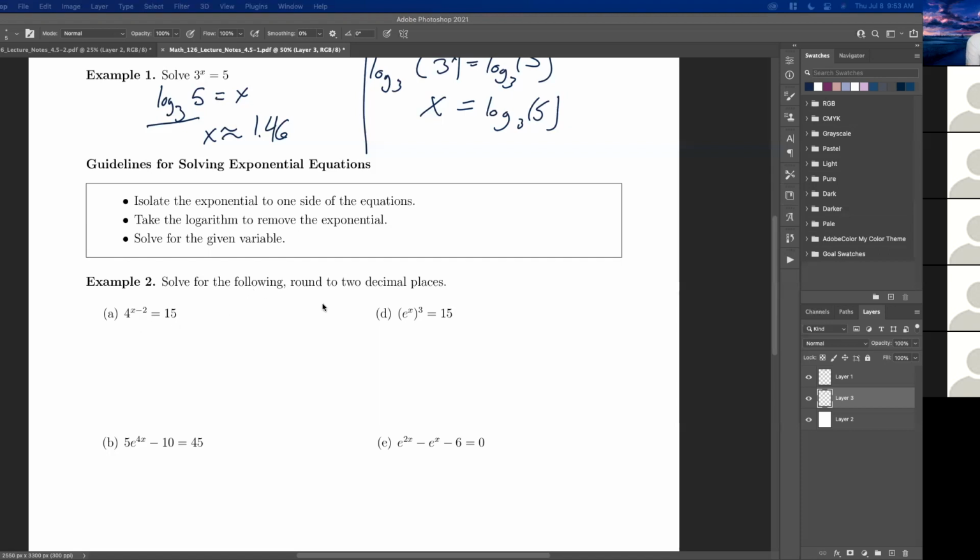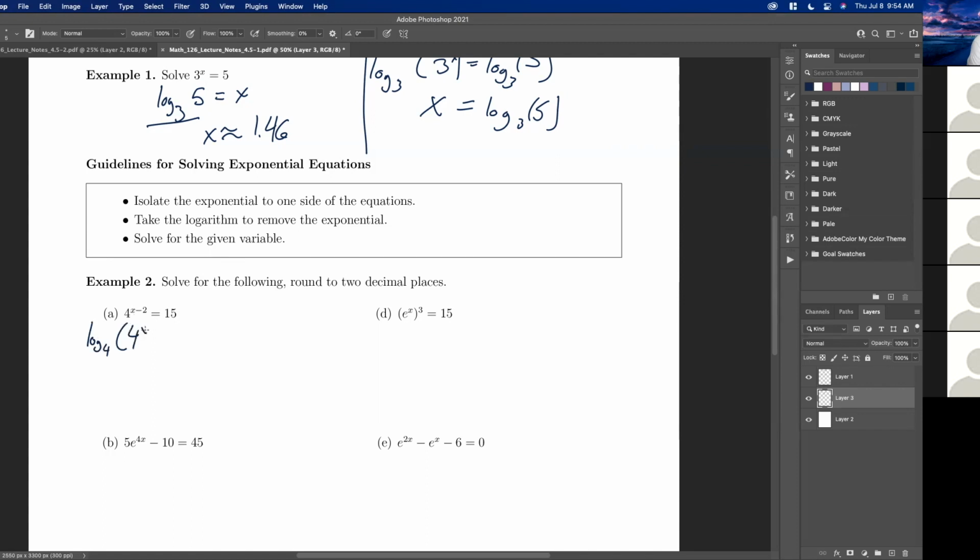Anyways, so let's go ahead and do this. We're going to isolate the exponential to one side. We've already done that; the exponential is cleanly on one side. Then we're going to take the log of both sides. So what I mean by that is I take log base 4 of everything here.